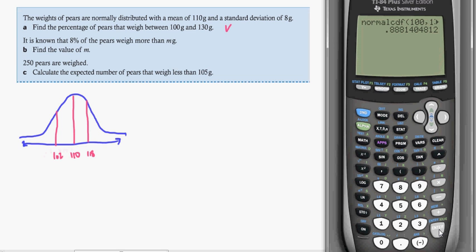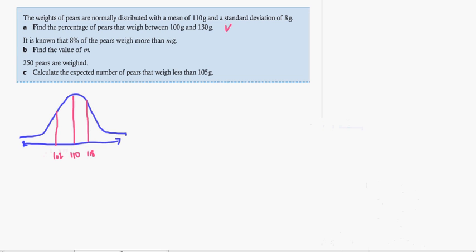We get 0.888. They want it in percent, so we multiply that by 100 to get 88.8%. So that's quite a few.